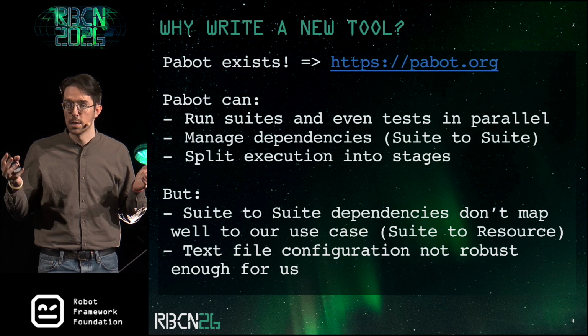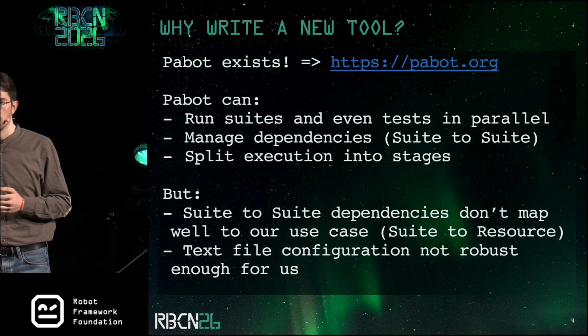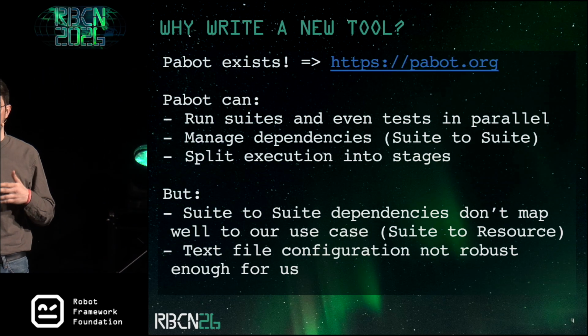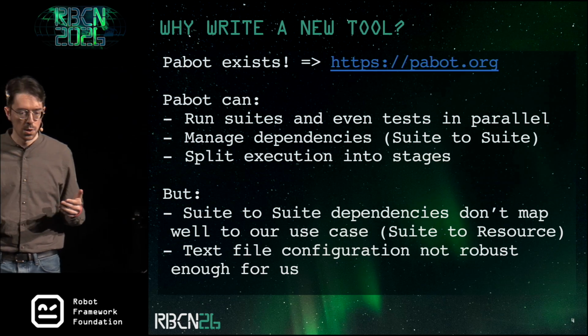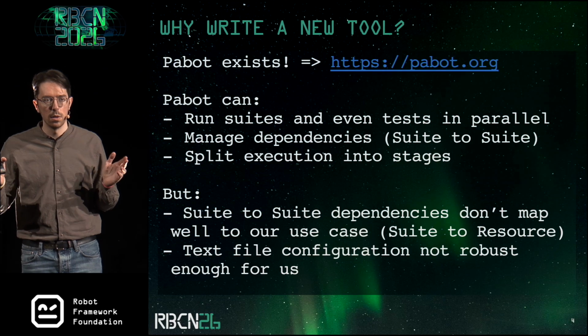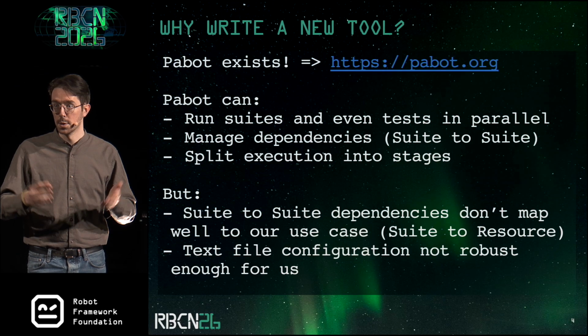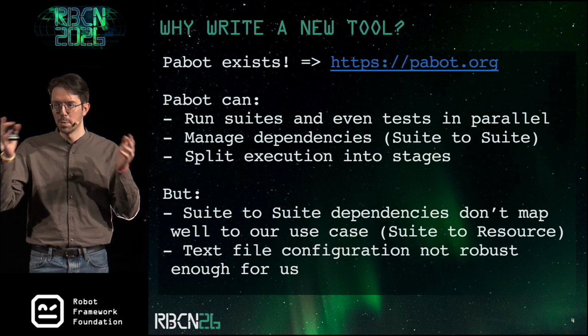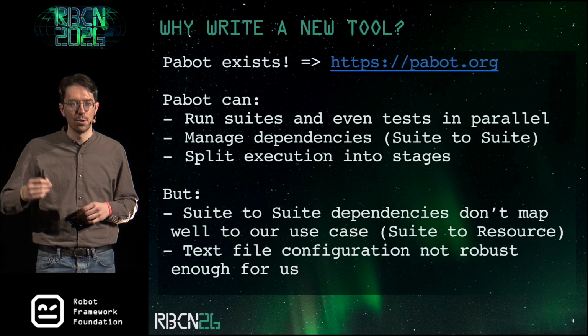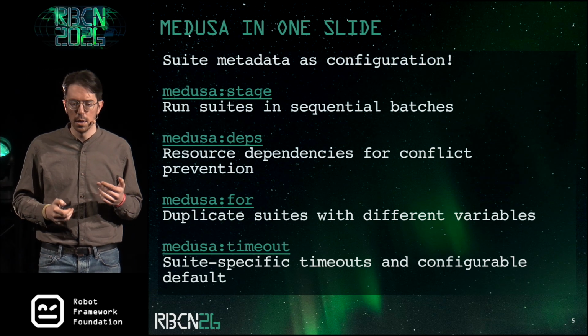And this model of dependencies doesn't map very well to suite-to-suite or test-to-test dependencies. So we decided to just use a different approach for this, because we found that writing a script around Parbot to write some kind of ordering file that makes it work was not very robust and still took longer than we wanted.